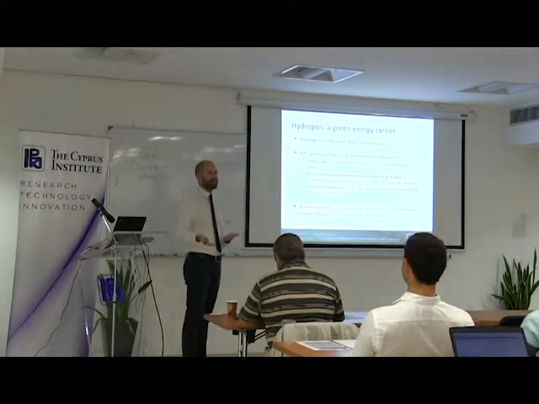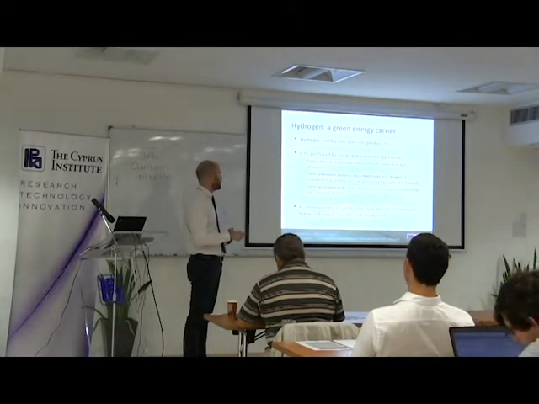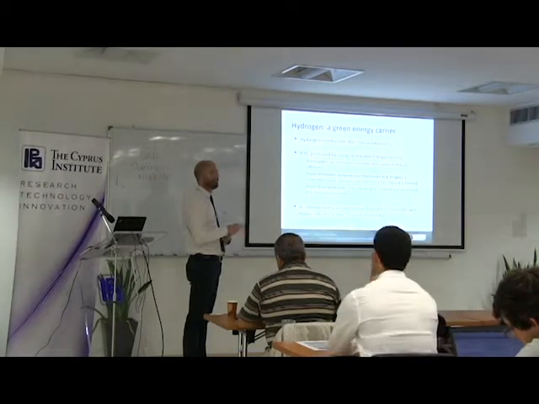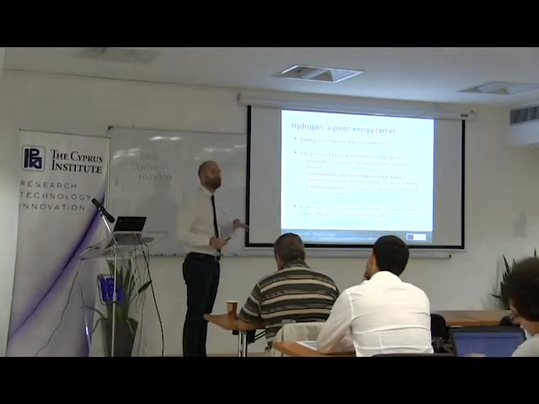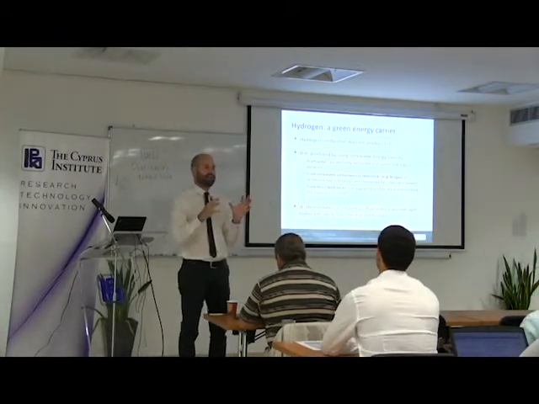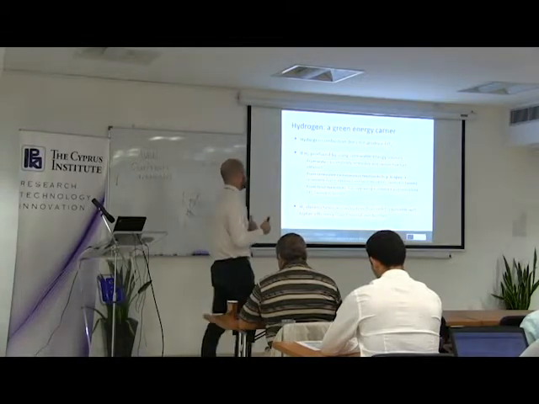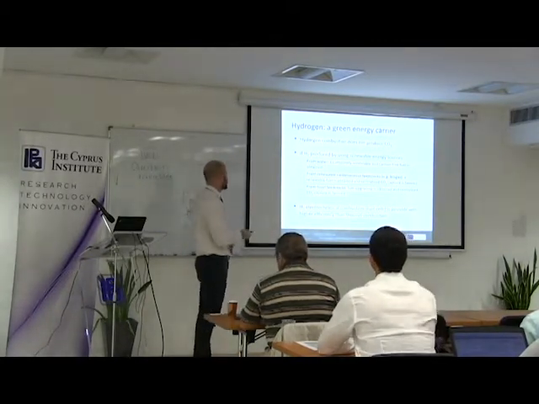It still comes from a carbonaceous fuel, and then we will have to deal with CO2 production while we produce hydrogen. But this CO2 is much easier to capture in a centralized station rather than having to capture it when you burn the fuel in a decentralized way.